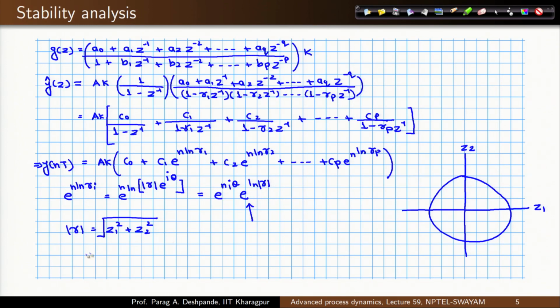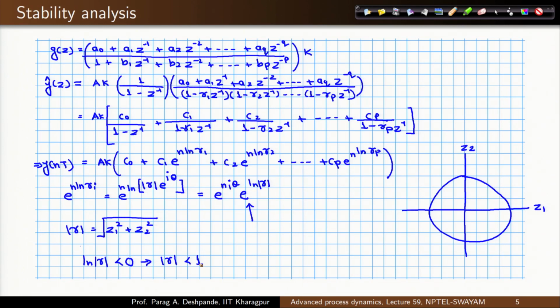And then for e to the power ln r to be less than 1, sorry, for ln r, not e to the power ln r, for ln r to be less than 0, you need r to be less than 1, right.